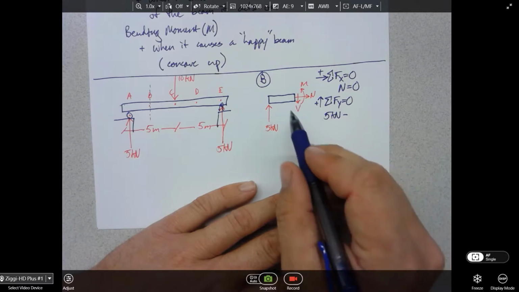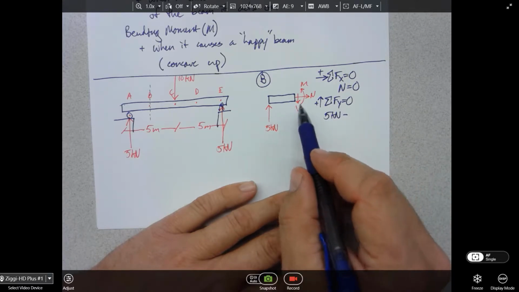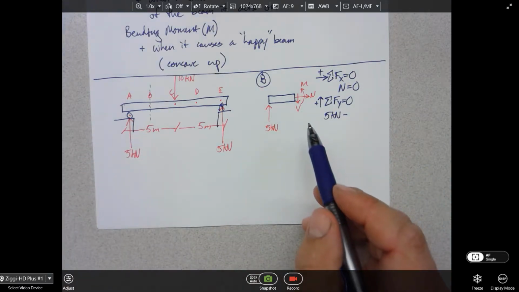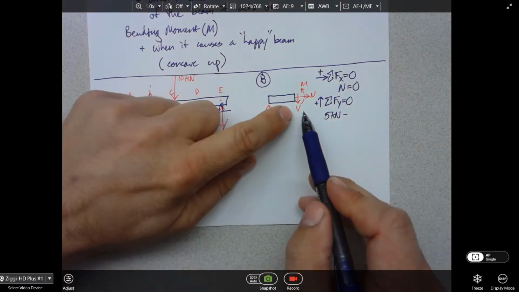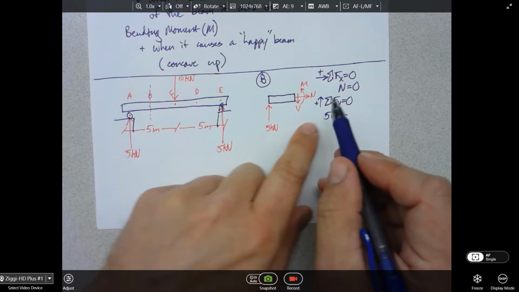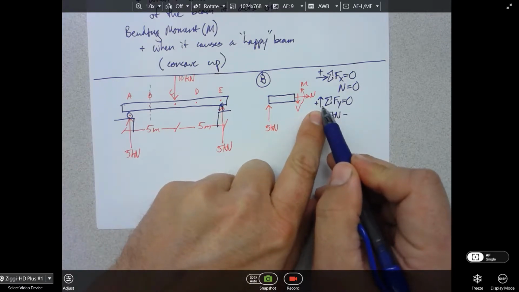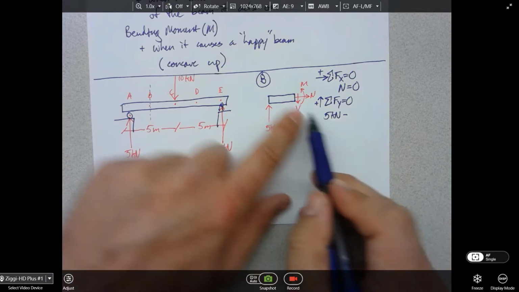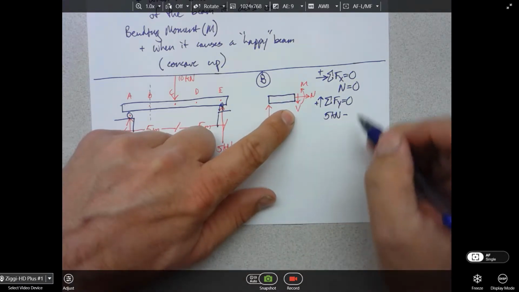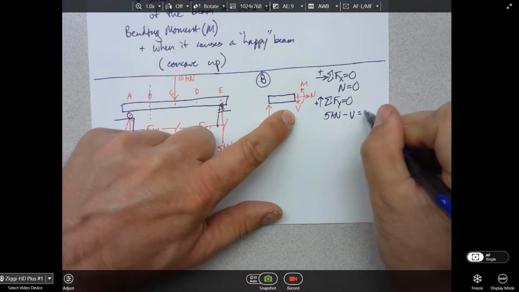Because you're subtracting, so clockwise. There we go, Paul's got it. We're subtracting the positive shear force because the sign convention is if the arrow is pointing up, it's positive. So 5 is up, that's positive. V is down, so it's going to be negative V equals 0.